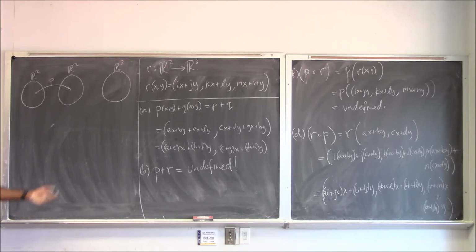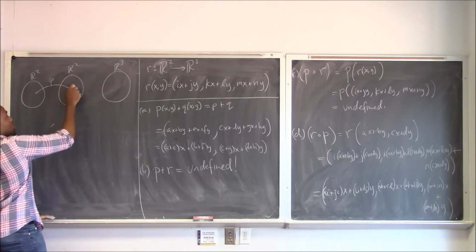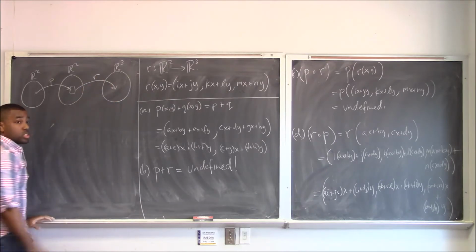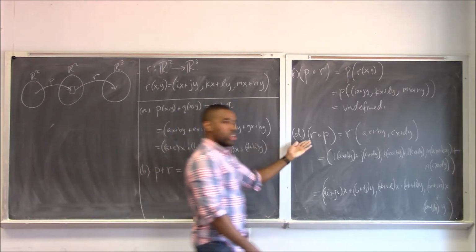Then I'm going to take that output of P and plug it in as the input of R, because R goes from R2 to R3. So it's going to take that element and move it over here. R is going to do that. Now, what is the significance of R of P? What is that function doing?